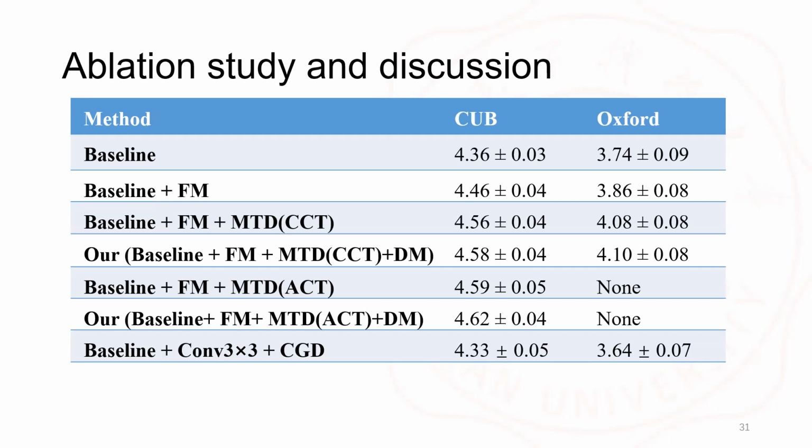Multitask discriminator. Based on the forgetting mechanism, we further evaluate the effectiveness of the multitask discriminator. When the discriminators conduct the category classification task, it improves Inception Score on CUB and Oxford.